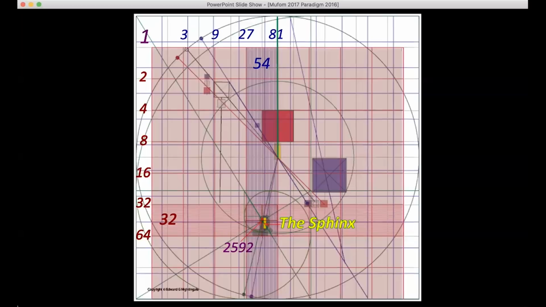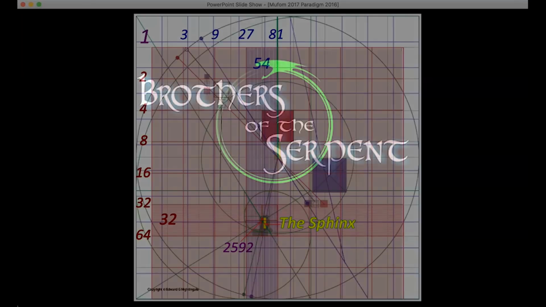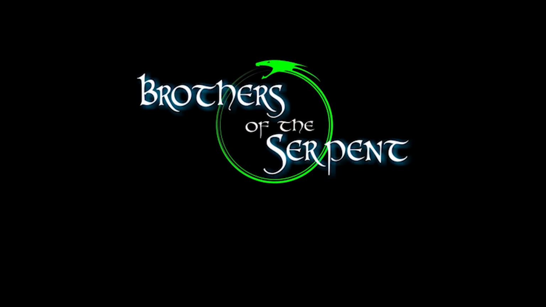So right off, we can see that the center of that square is pointing to precession in the great year. And that is cool. We'll get further into that. Let's look a little bit deeper now. We're about to take a break, so we can contemplate that and get back to it after the break.